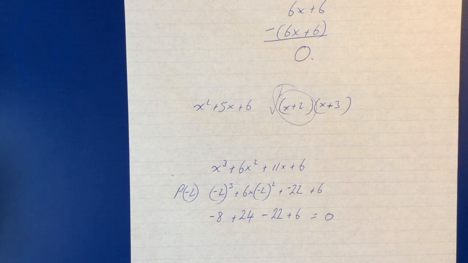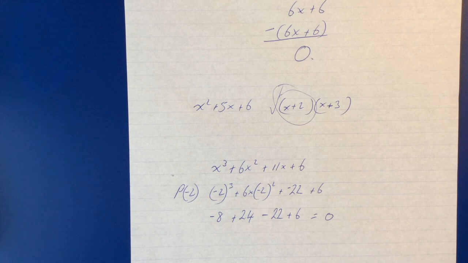But the basics of remainder theorem and factor theorem are this. Remainder theorem allows you to quickly work out what the remainder will be if you divide a polynomial by a factor. It doesn't have to be a linear factor, but a linear factor is more ideal.